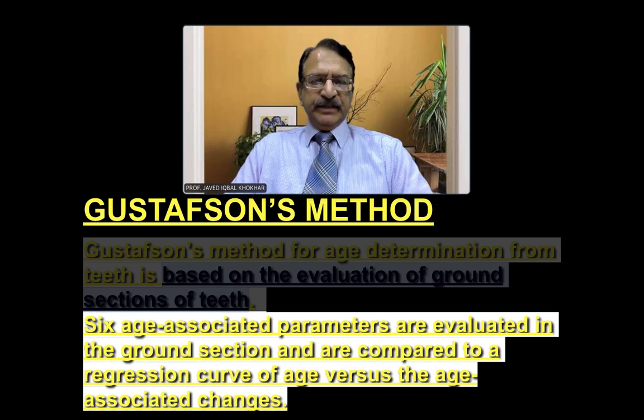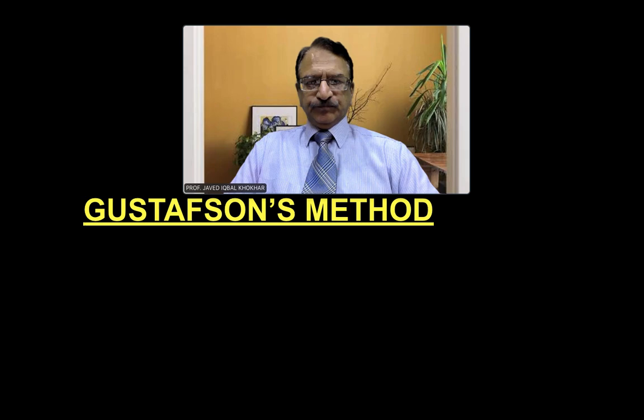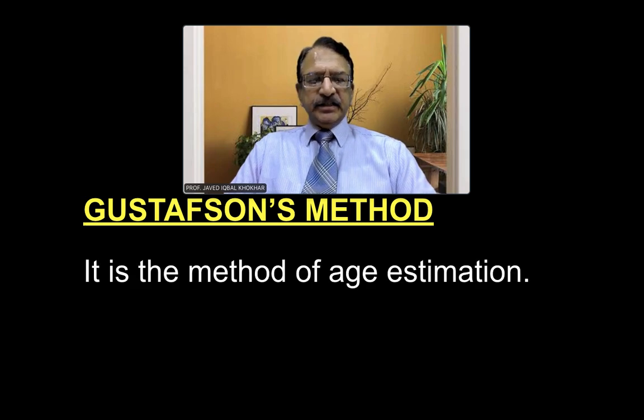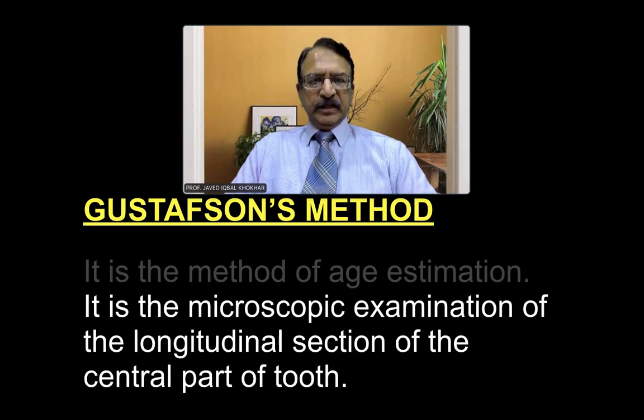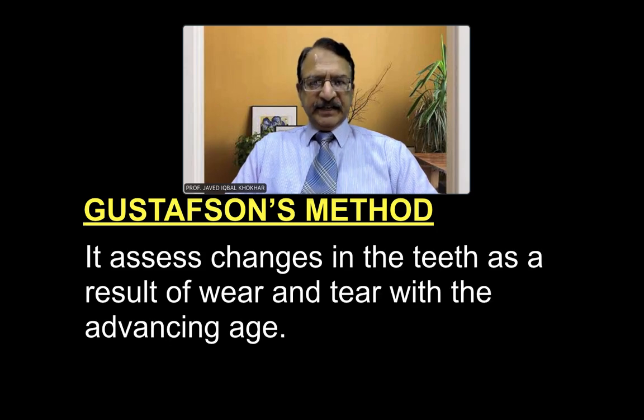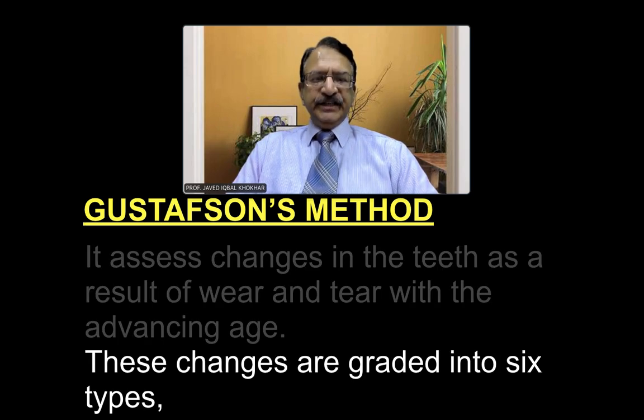So these are basically age related degenerative changes which help in estimation of age. In this method, microscopic examination of a longitudinal section of the central part of the tooth is done, and it assesses changes in the teeth as a result of wear and tear with advancing age. And these changes are graded into 6 types.